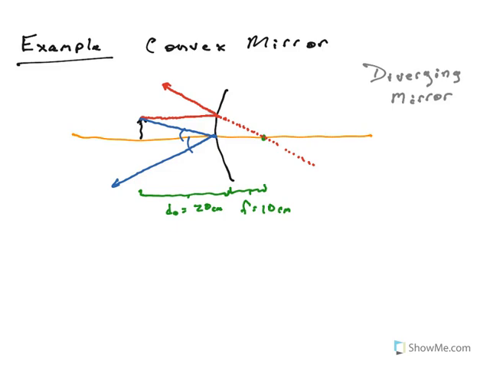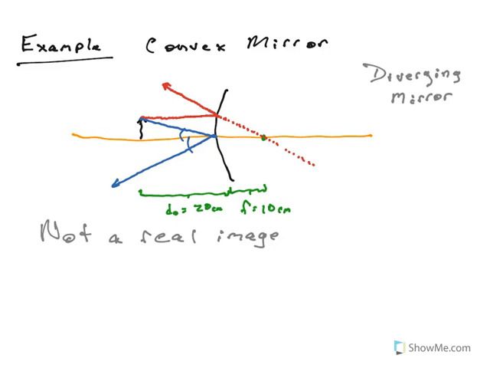They never converge. So the other mirror you can call a converging mirror. They never converge, so that means they never give rise to a real image. The image can only be made when those light rays cross. So, first big thing, not a real image.